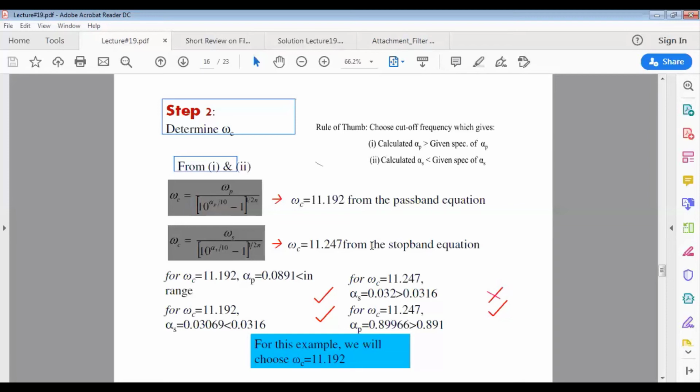In order for us to choose this omega C, this is the rule of thumb that I mentioned in step 2 before.